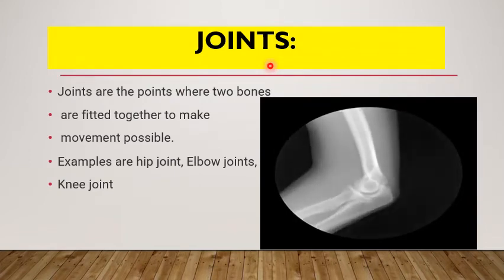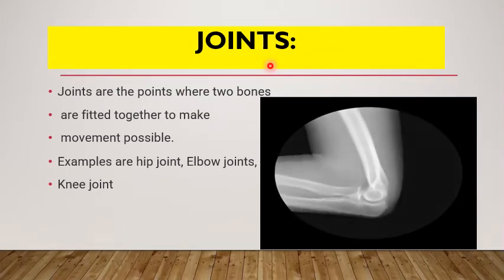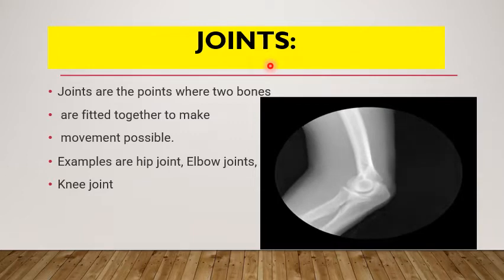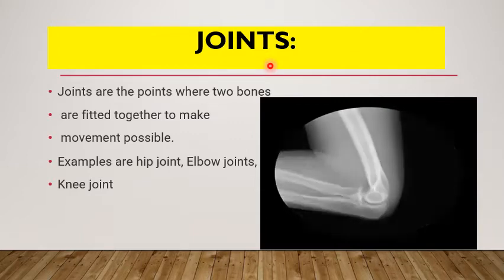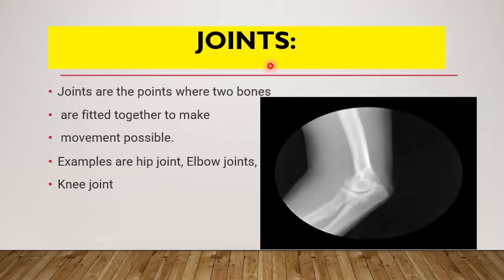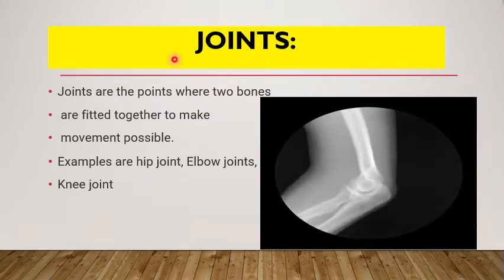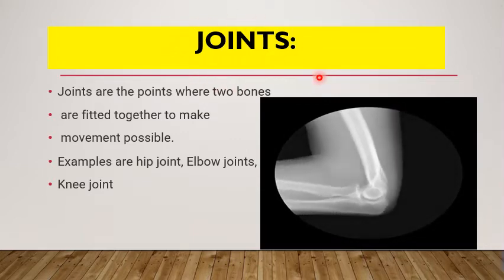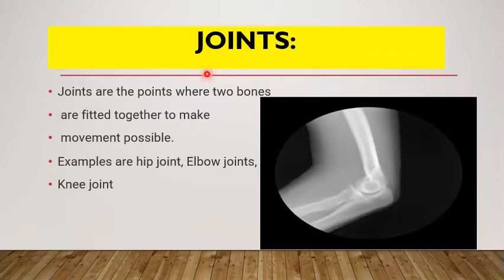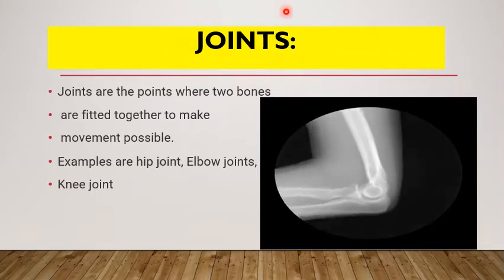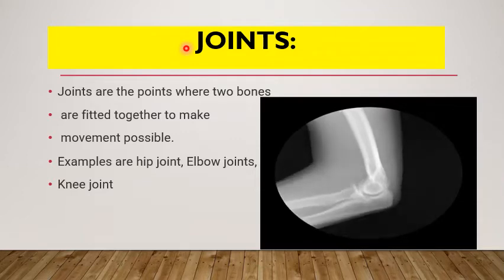Joints. What are joints? As from the name, you can observe that joint is the meeting point of anything. Not only of bones, the meeting point of anything is called a joint.